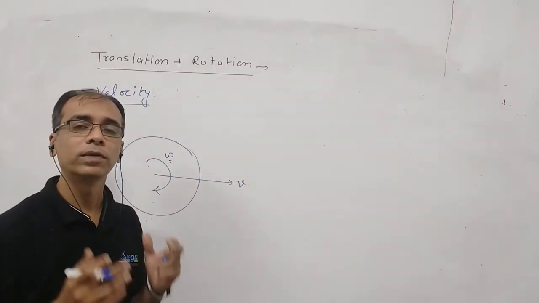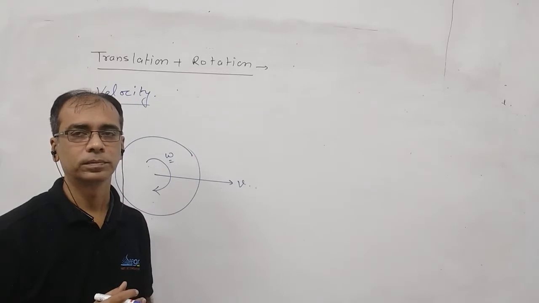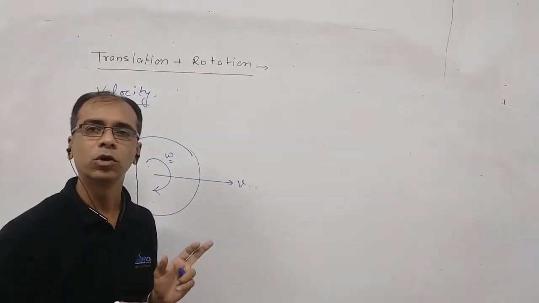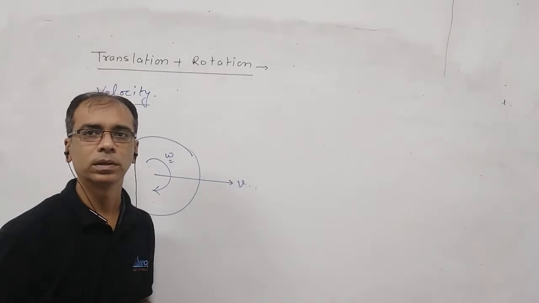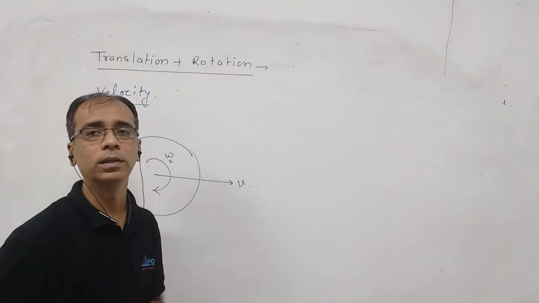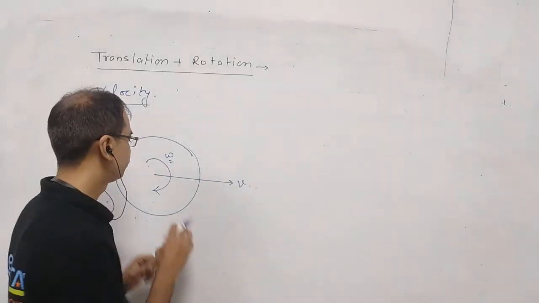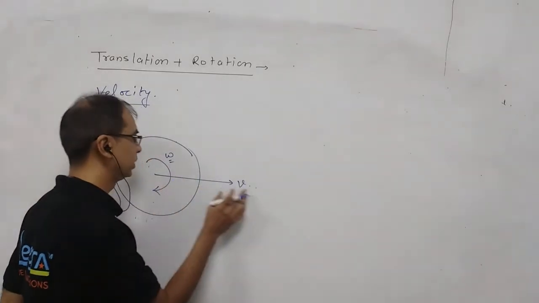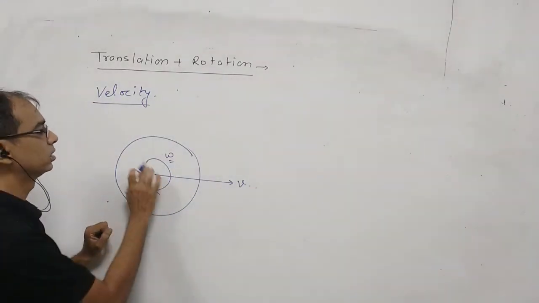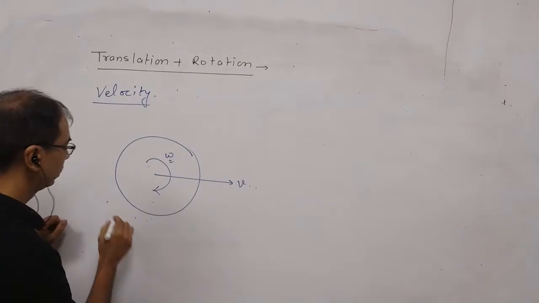We want to write velocity of any particle. Velocity of center of mass we are taking here constant, that is v, and omega is also constant. We are not having any acceleration at the moment. When we talk about acceleration, we'll take it there. So velocity of center of mass is v, and angular velocity of this wheel with respect to center of mass is omega. Fine.